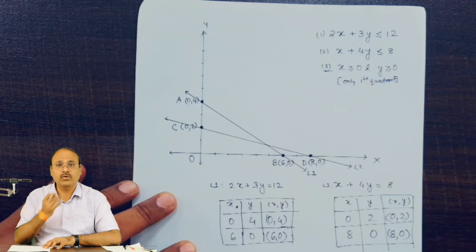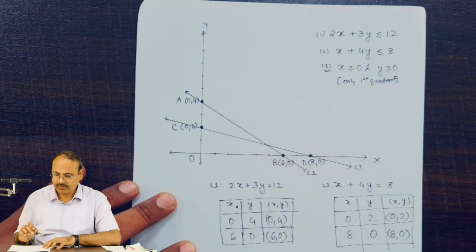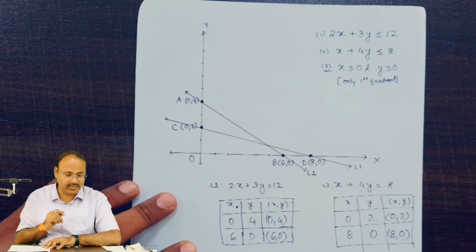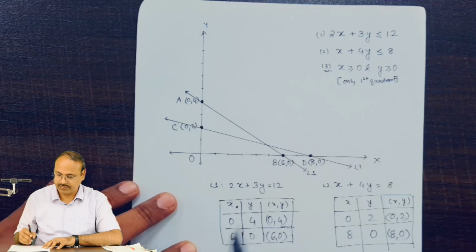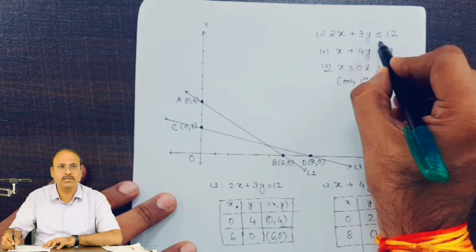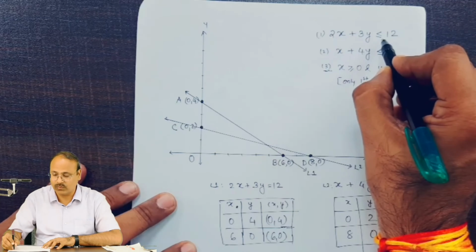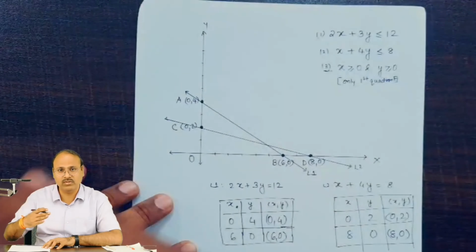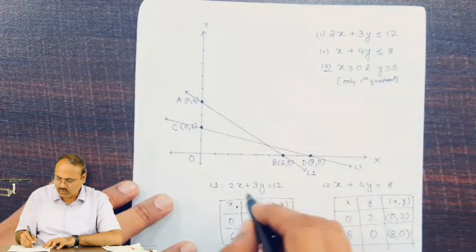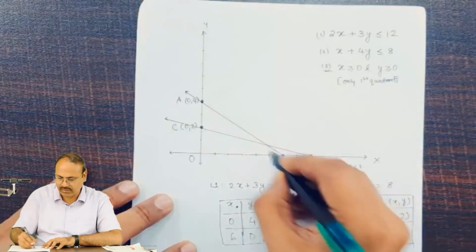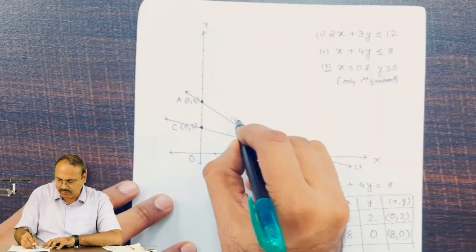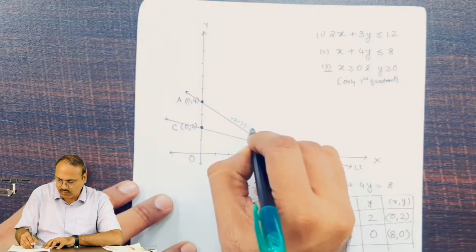Now once we have drawn these two lines, we have to sketch the region representing the inequations. Let us do the first one, 2x plus 3y less than or equal to 12. Less than, if you remember, means below the line. This is the line 2x plus 3y equal to 12.